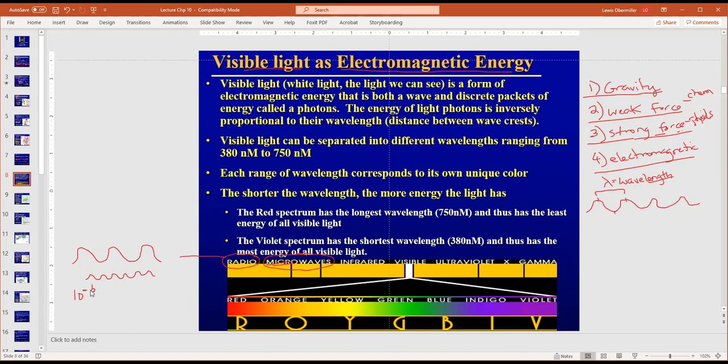Remember, milli is 1,000th, so this is 1 millionth. So the wavelength of this is measured in 1 millionth of a meter. And then we have infrared light, which you are probably familiar with. This is like night vision.